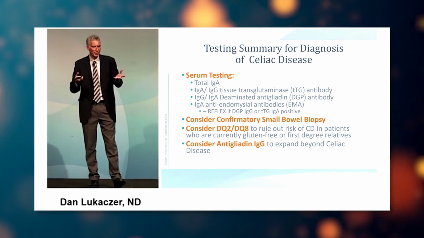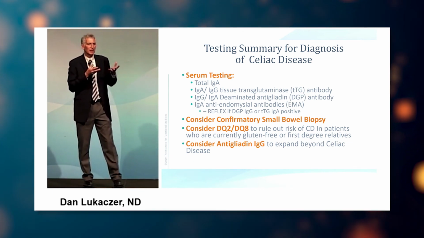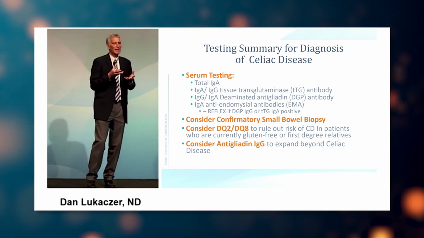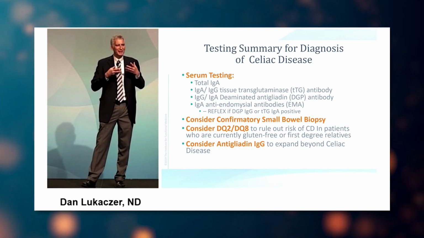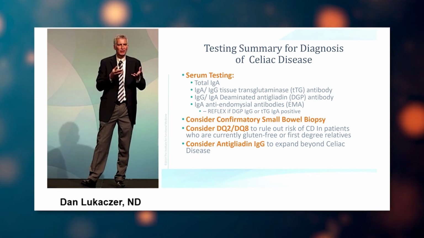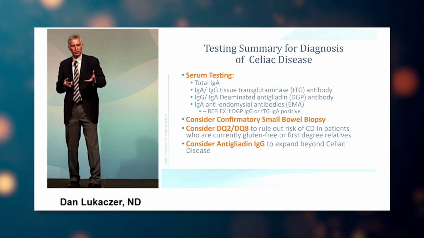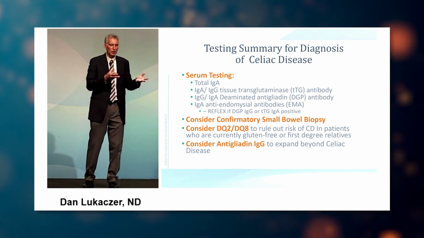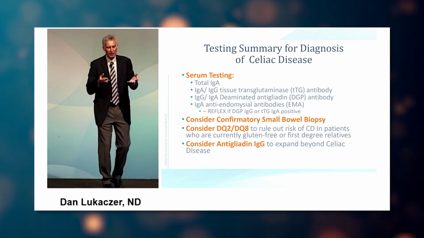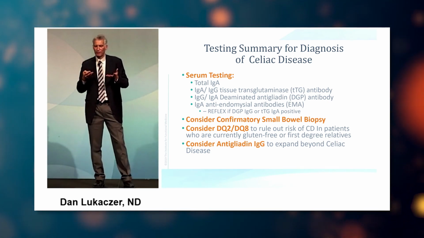There's some controversy around that now because we have IgG deaminated anti-gliadin antibodies, so different clinicians will still get the total IgA. Then you want to get tissue transglutaminase. That's generally a screen, and then the follow-up is deaminated gliadin and anti-endomysial antibodies.